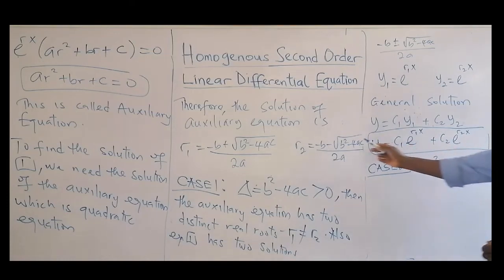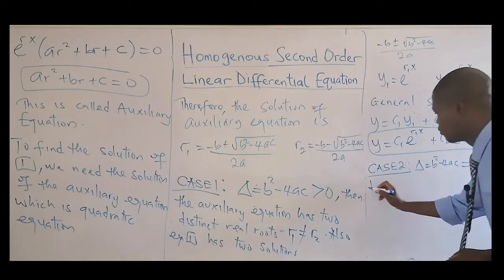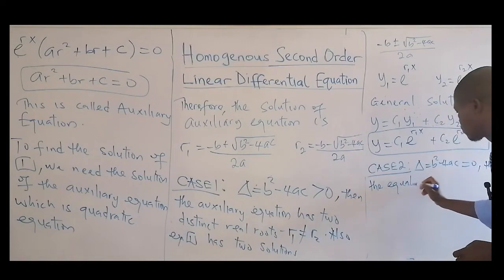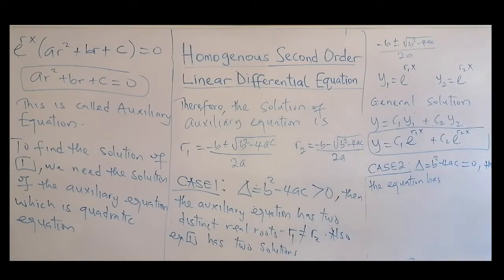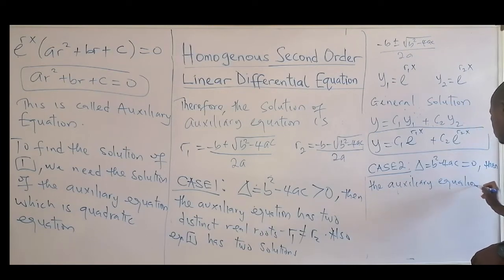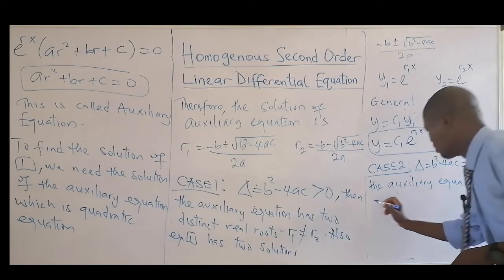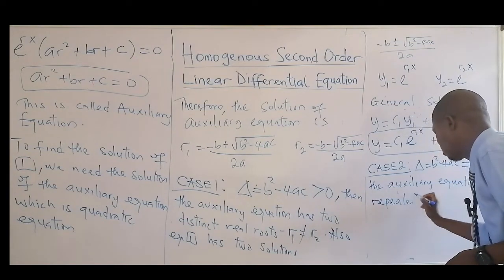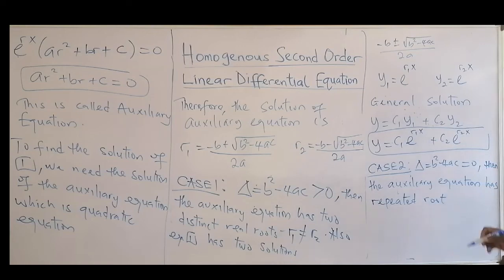When your discriminant is equal to 0, then the auxiliary equation has repeated roots, whereby r is equal to r1 equal to r2.